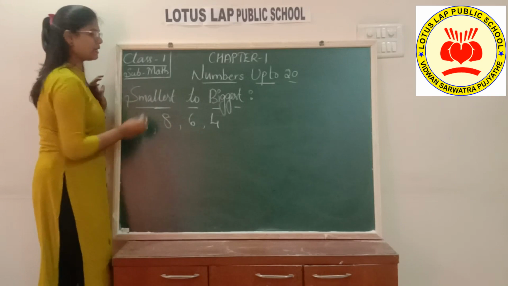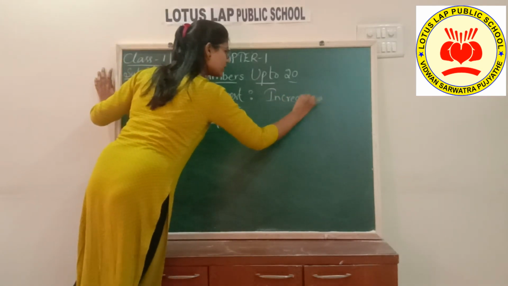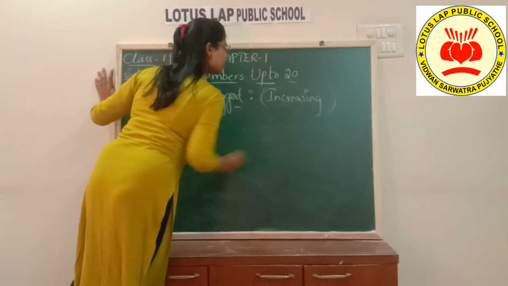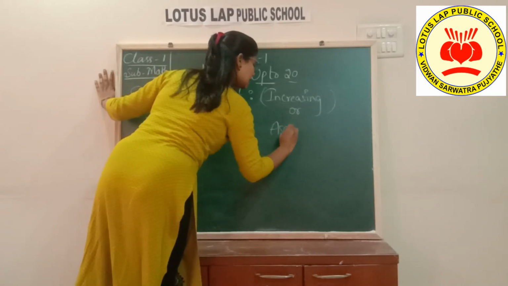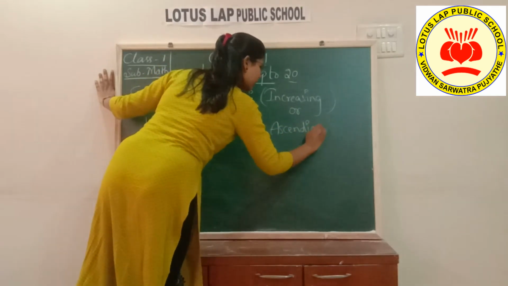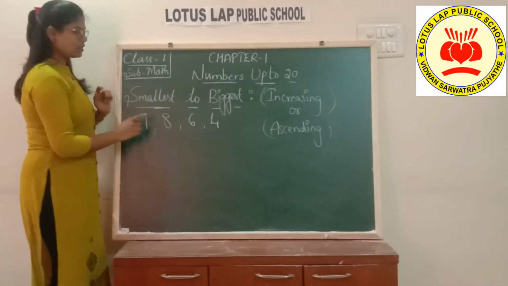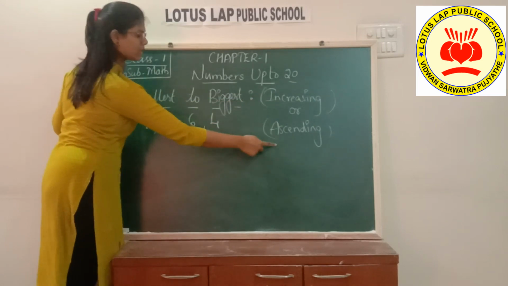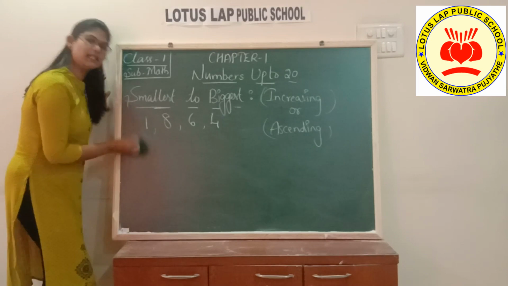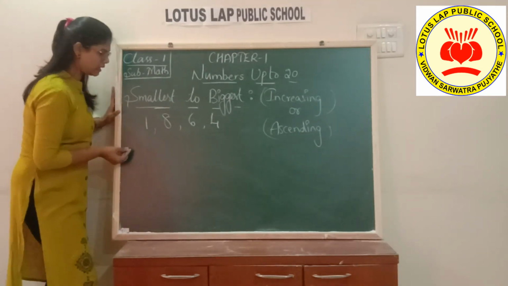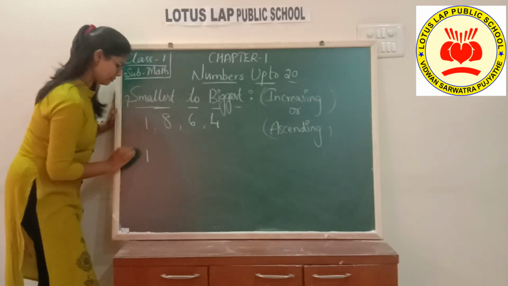Smallest to biggest means nothing but increasing order or ascending order. Increasing or ascending order, we have to write from the smallest number. Which is the smallest number here among these four? Yes, it is 1. Okay?